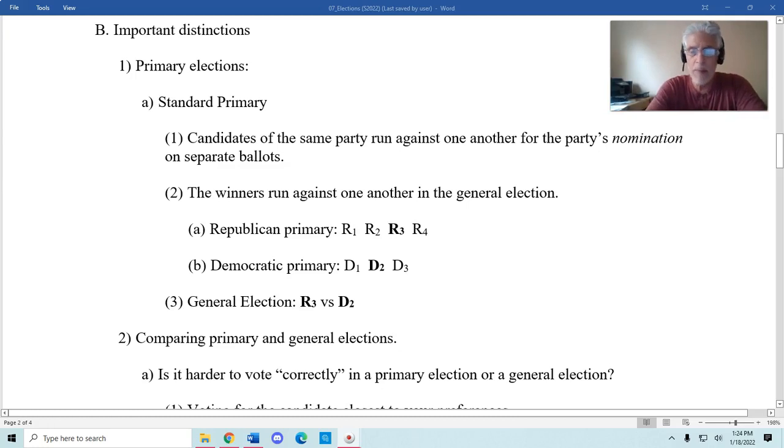So Republican 1, 2, 3, and 4 are on the ballot. Whichever one gets the most votes wins. They don't need a majority, they just need what's called a plurality, more votes than anybody else. And so I bolded Republican number 3 to indicate that Republican number 3 got the most votes.